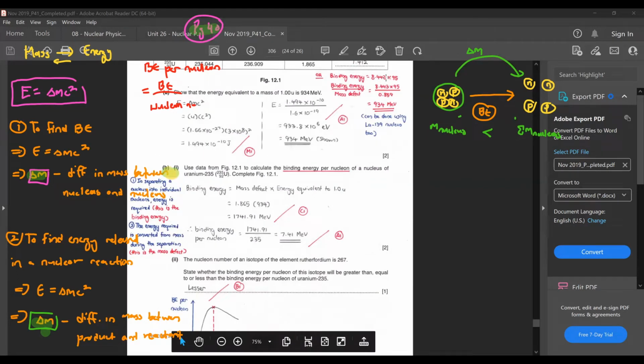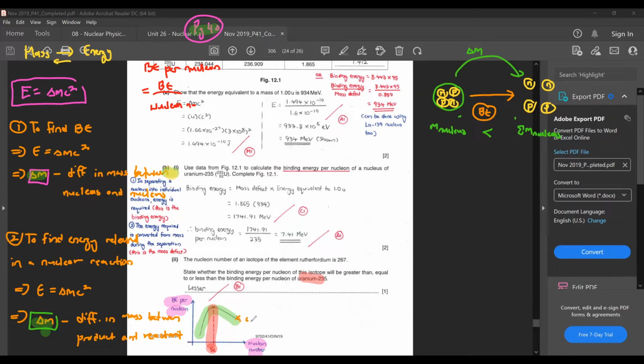To answer this, you have to refer back to your diagram for binding energy per nucleon versus nucleon number. You remember this curve, and that the peak always belongs to 56. So uranium-235 will probably be somewhere around here.